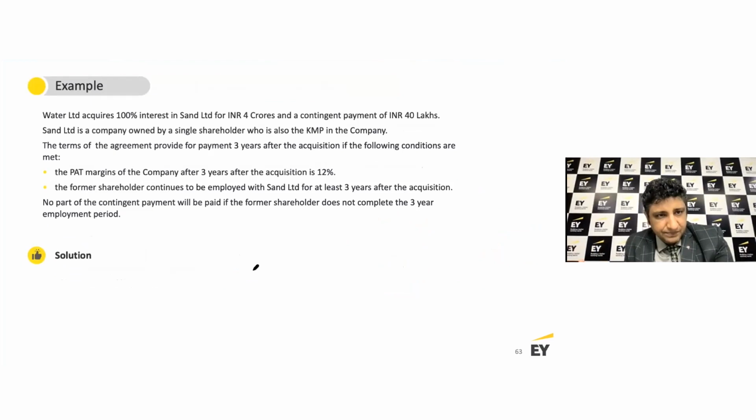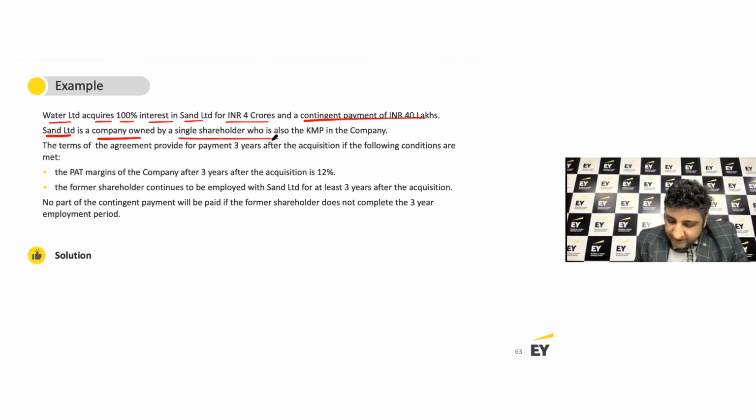Okay, let's have a look at this case. It says Water Limited acquires 100% interest in Sand Limited for 4 crore rupees, and also a contingent payment of, let's say, 40 lakh rupees. Sand Limited, of course, is a company owned by a single shareholder, who is also the key management personnel in the company.